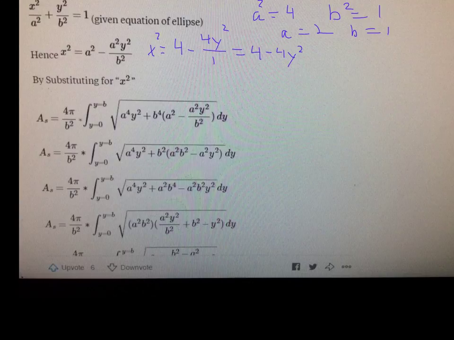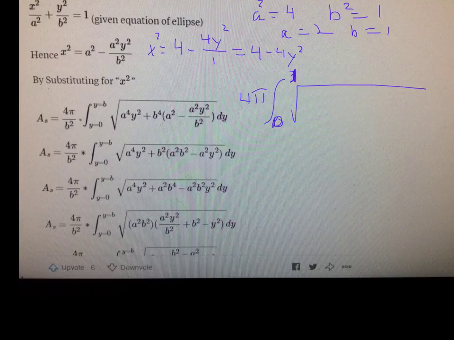What we're going to end up with here, because b is 1, this guy would now look like this, right? It would be 4 pi times the integral over 0 to, would it be 2 or 1? It would be 1, right? Because the b value is 1.